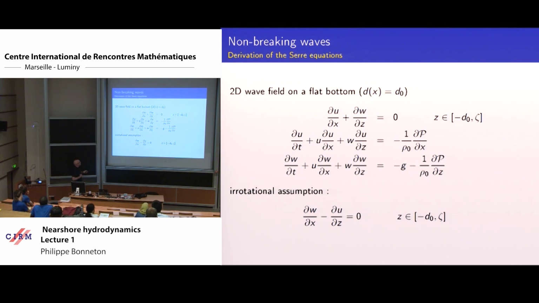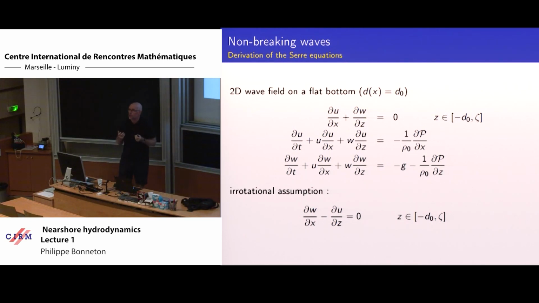Between the bottom and the sea surface, zeta, you have the two equations for conservation of momentum, horizontal momentum and vertical momentum.